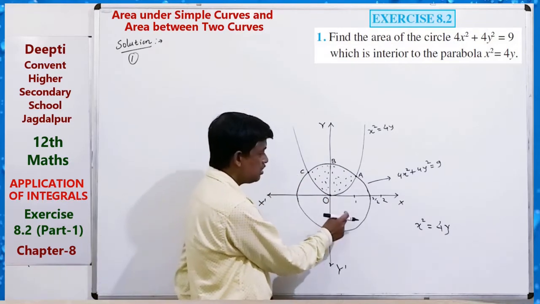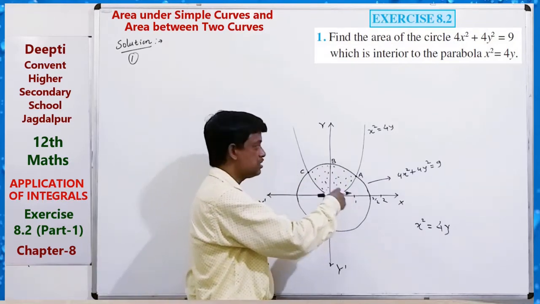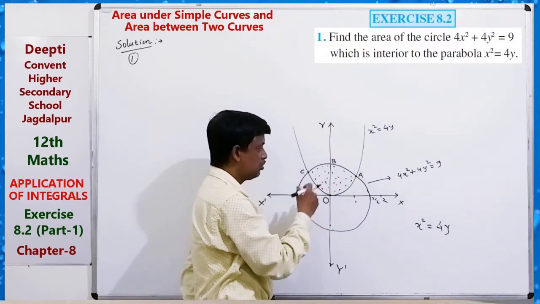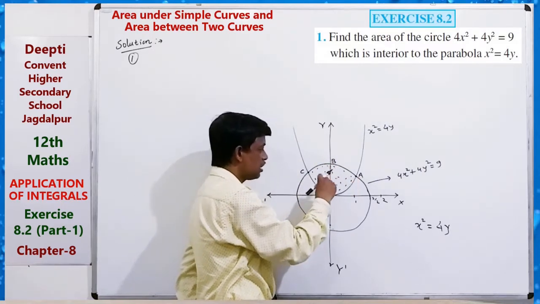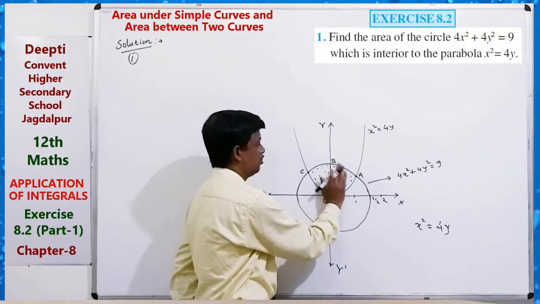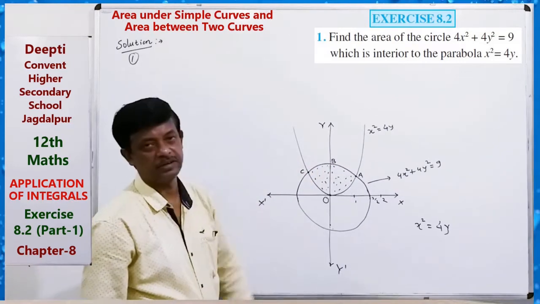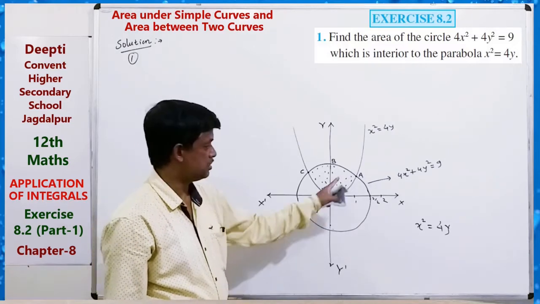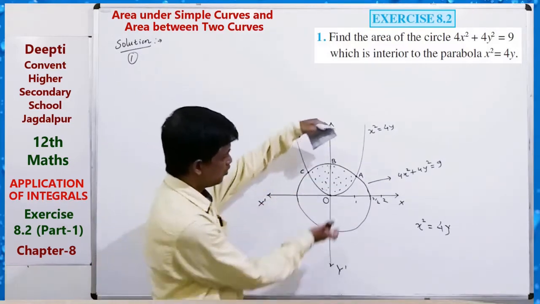Since the circle is symmetric about both axes and the parabola is symmetric about the y axis, the area of this is equal to 2 times the area of OABO, this single part. Clear? We have to find 2 times this area, the area between two curves.